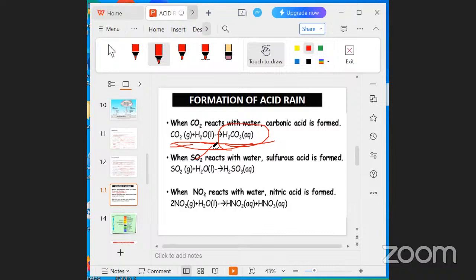They again combine with rainwater and fall down. And what is this? Sulfuric acid or sulfurous acid. H2SO3 or H2SO4. Sulfuric acid or sulfurous acid, H2SO4 and H2SO3.